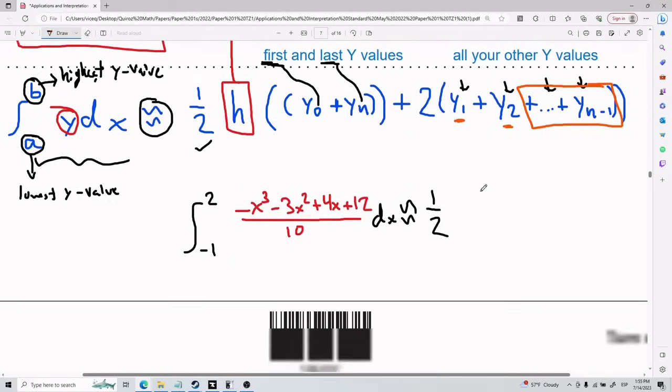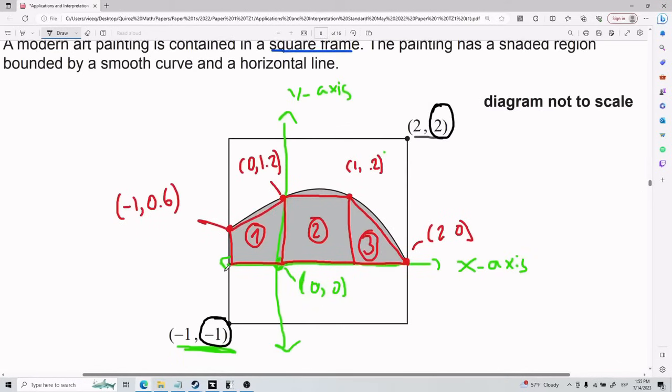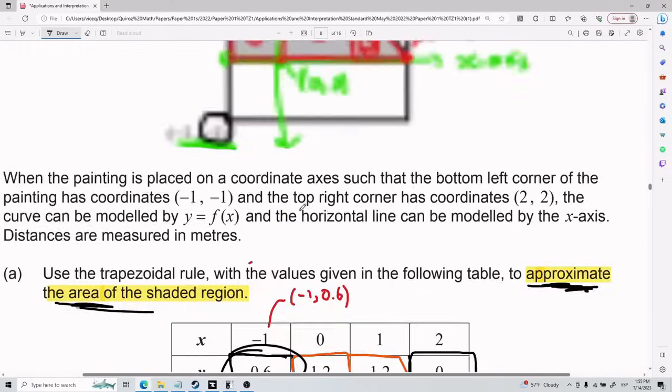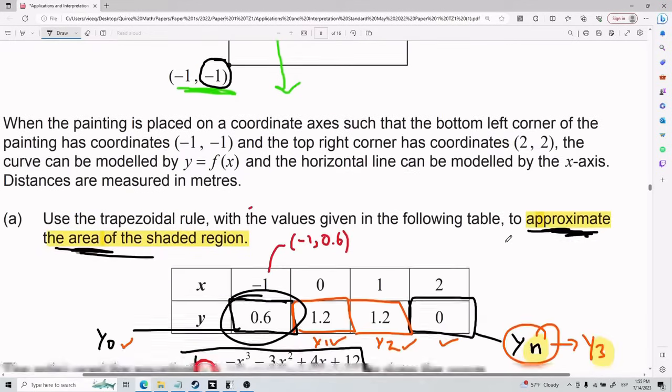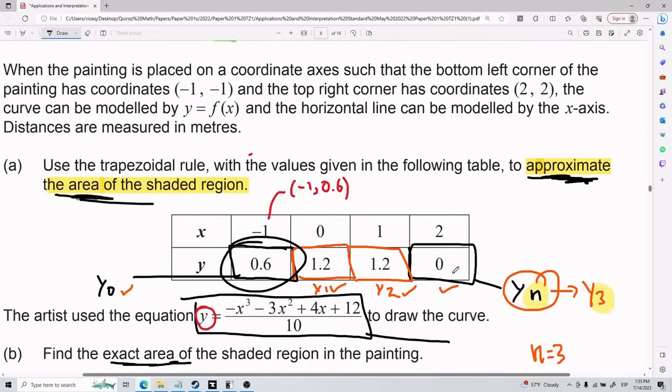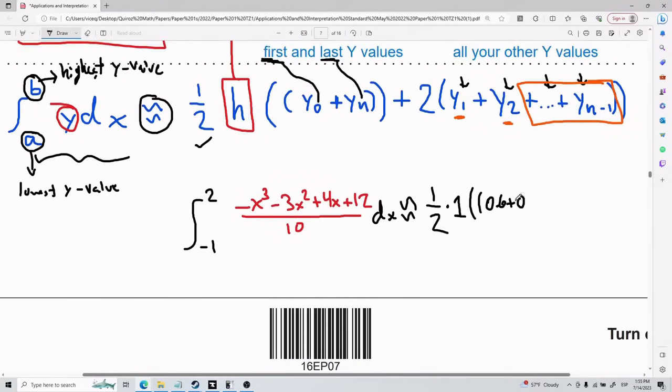So h we just said is 1, so I'm going to have 1/2 times 1, parentheses y0, which we just said is 0.6, plus my last one, yn, which is going to be 0, so it's 0.6 plus 0, close parentheses, plus 2 times all my other y values, which in this case is only y1 and y2. I don't have y3 or y4 in between. My y3 is my last one. I'm putting it here.